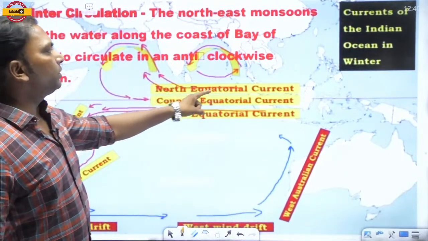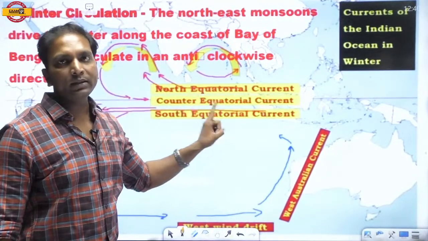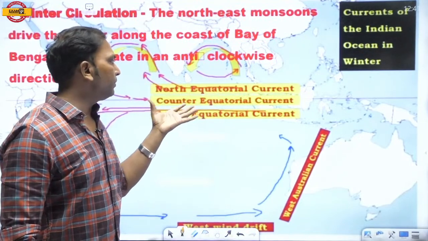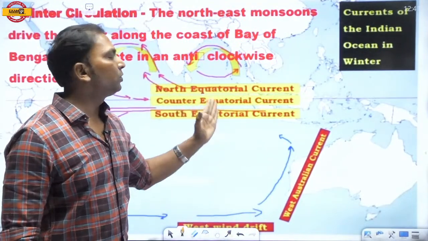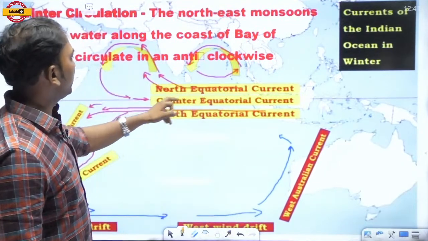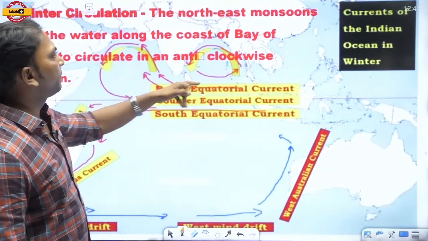There is a north equatorial current, and in the winter season the counter equatorial current is also present in the Indian Ocean. But in the summer season, you will see the lack of the counter equatorial current. The north equatorial current flows this way from east to west and then moves this way.